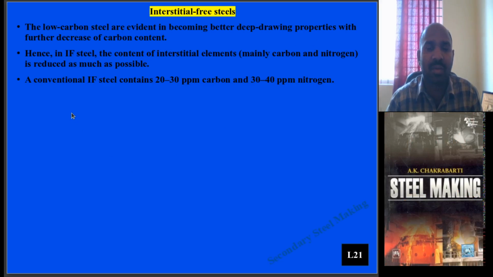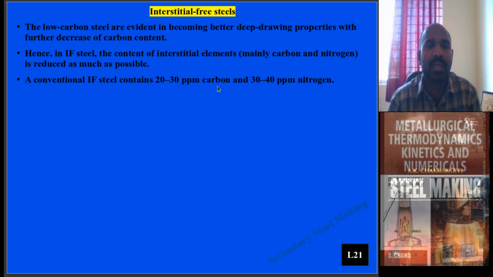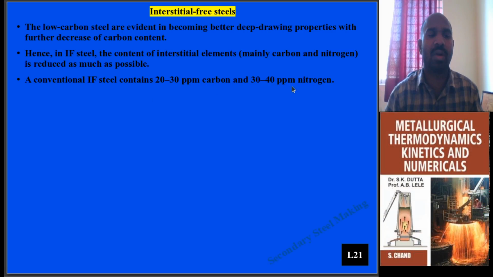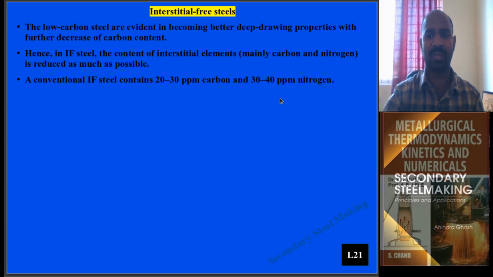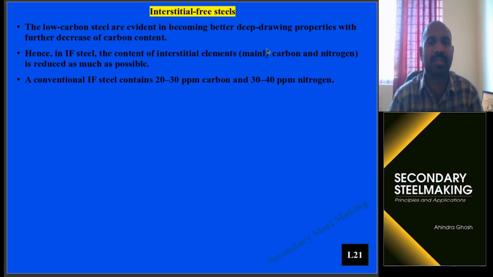The conventional or older interstitial free steels contain 20 to 30 ppm of carbon and 30 to 40 ppm of nitrogen. In modern days, even these percentages are further decreased, improving the deep drawing properties.